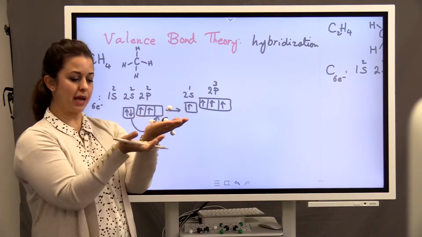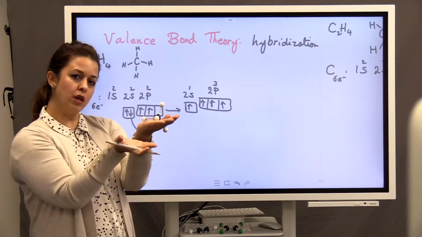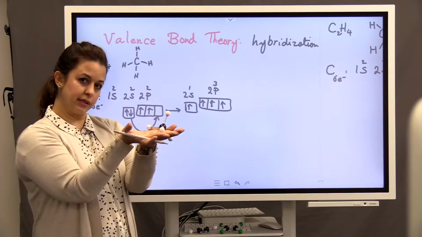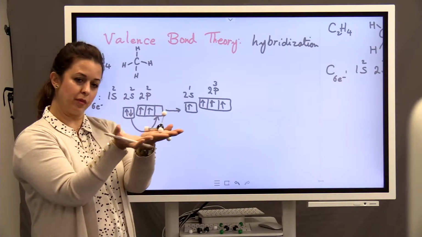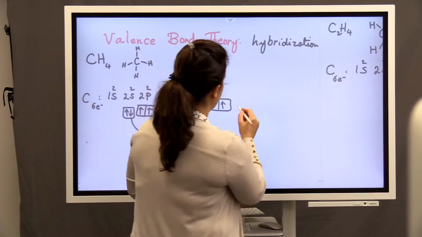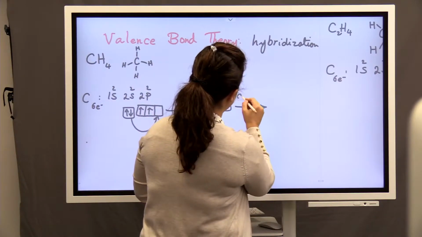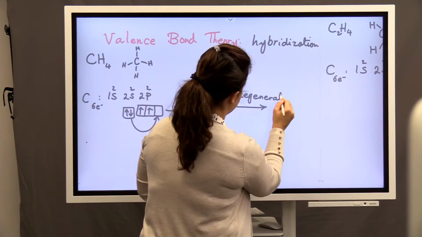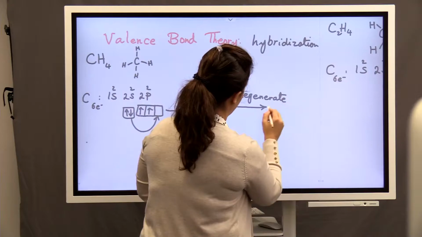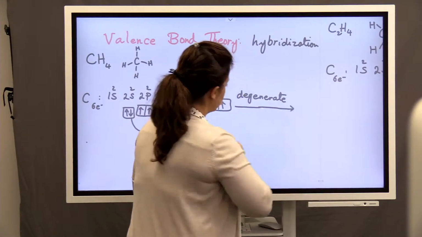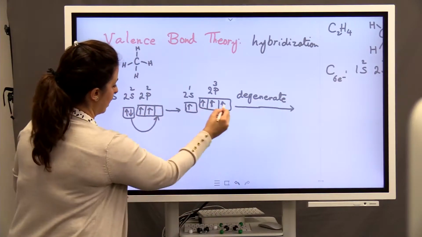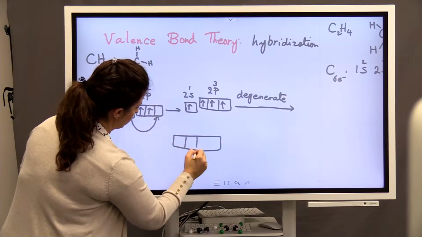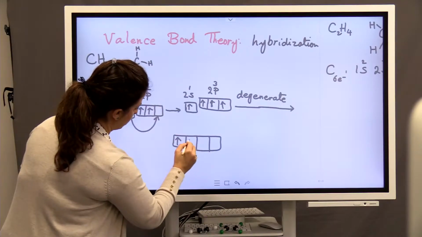So what happens is that the s orbital increases its energy, the p orbital decreases its energy, and they become the same energy. We call it degeneration. They degenerate the orbitals. So at the end, you will have 4 orbitals of the same energy.